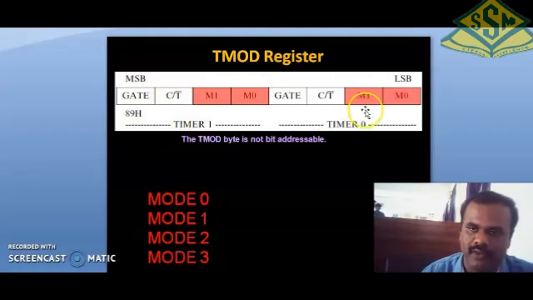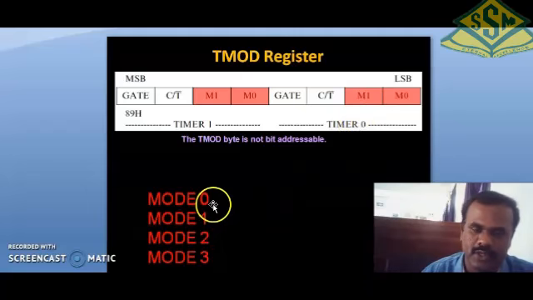We apply the value 04, which is counted as 4 and 0, 4 bits and 4 bits. For timer 1, the last 2 bits, the LSB bits, are the mode selection bits, M0 and M1. With the two-bit binary combinations 00, 01, 10 and 11, we get different selection modes.